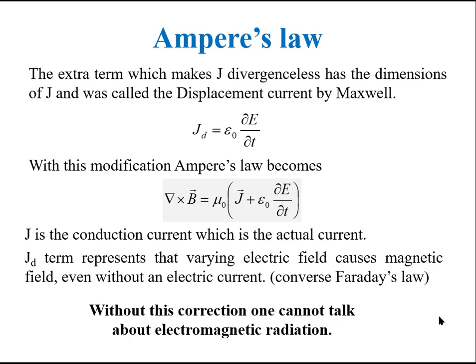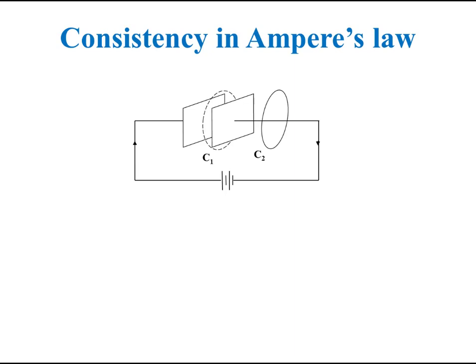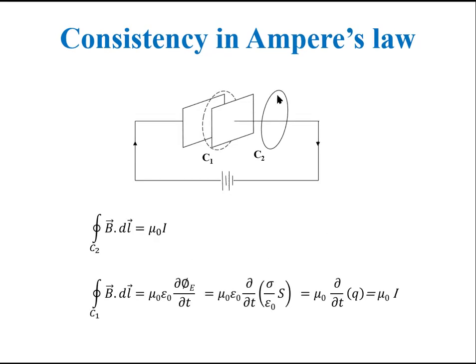Let us check how the modified Ampere's law is consistent with an electrical circuit having a capacitor. If it is correct, then the loops C1 and C2 must both give the same value of current or magnetic field induction B. So we can use the modified Ampere's law with loop C2, where there is no J_D, and this becomes the line integral of B equal to mu naught I, where I is the current drawn from the battery.